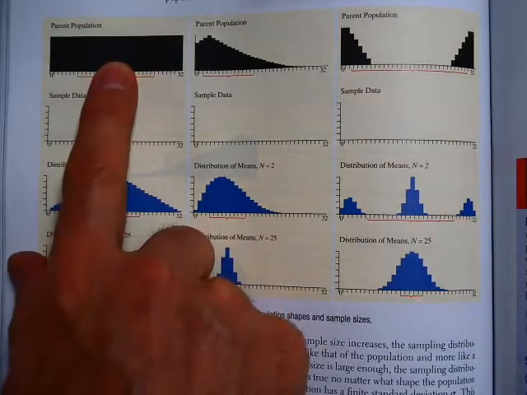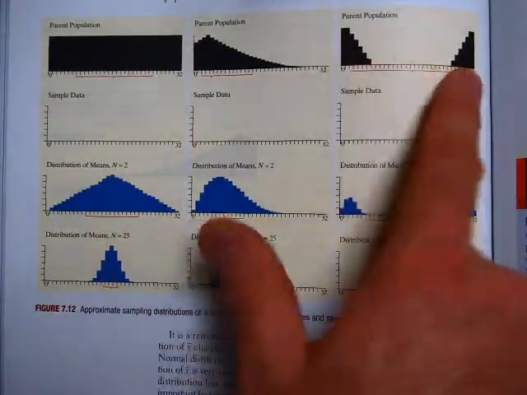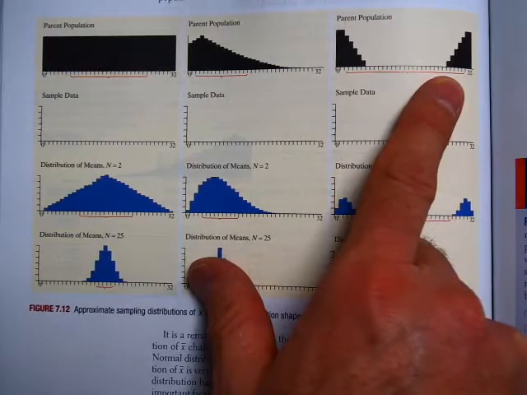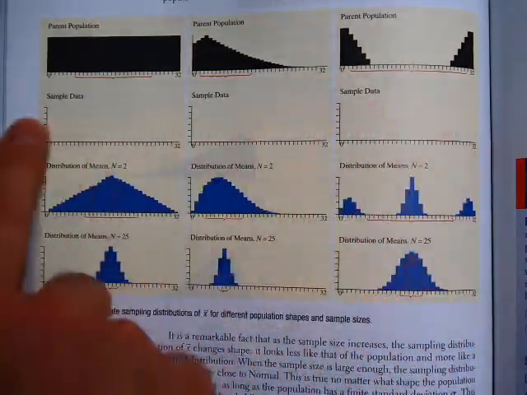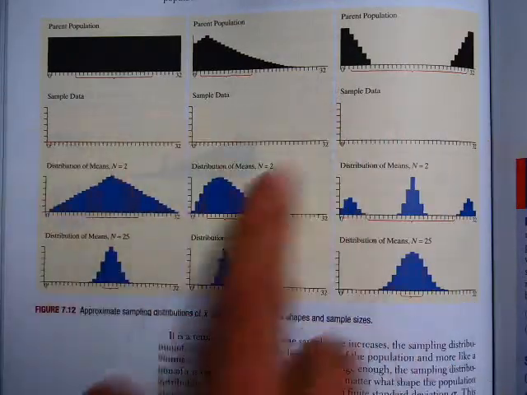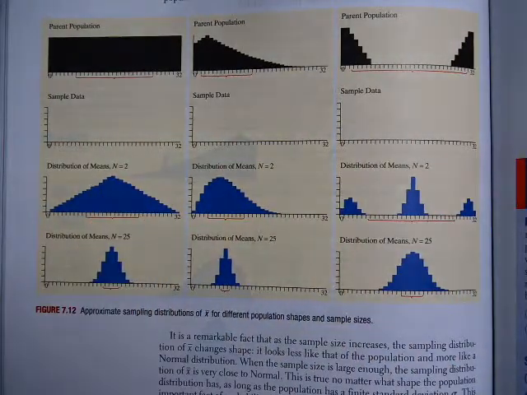So here you've got a uniform, a skew right, and that's just a complete mess, right? And what they show is if you do a bunch of samples of size 2, this is what the distributions would look like.